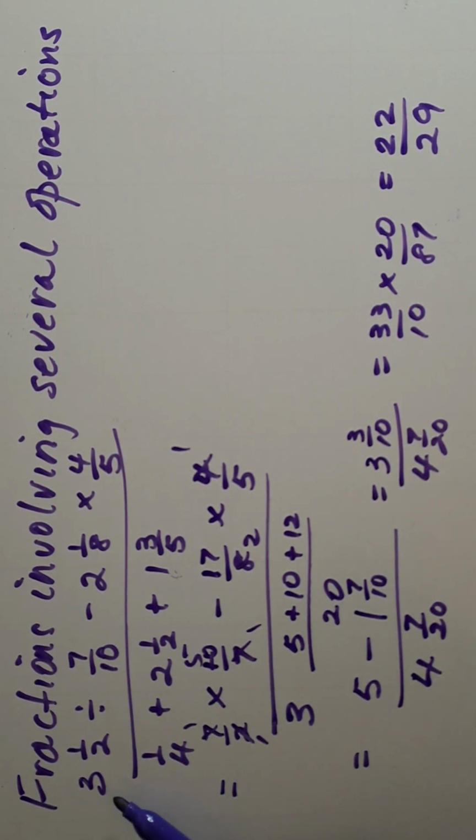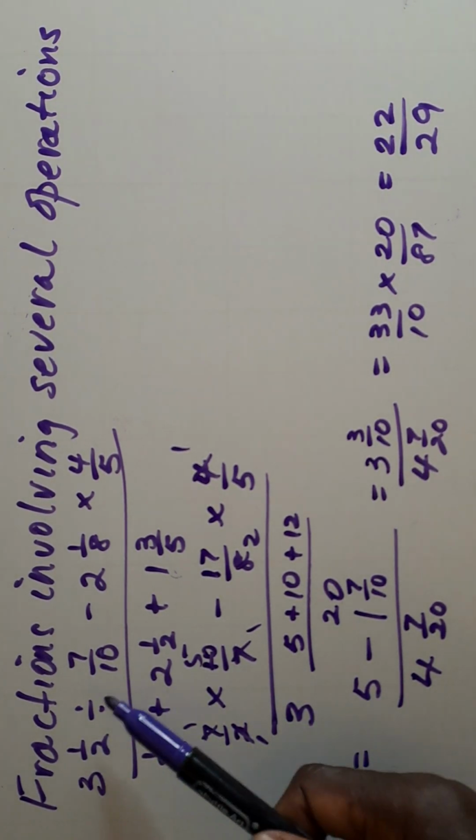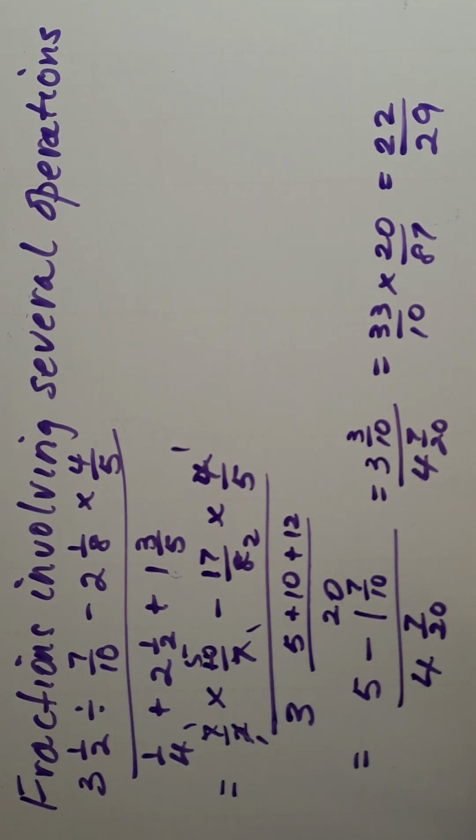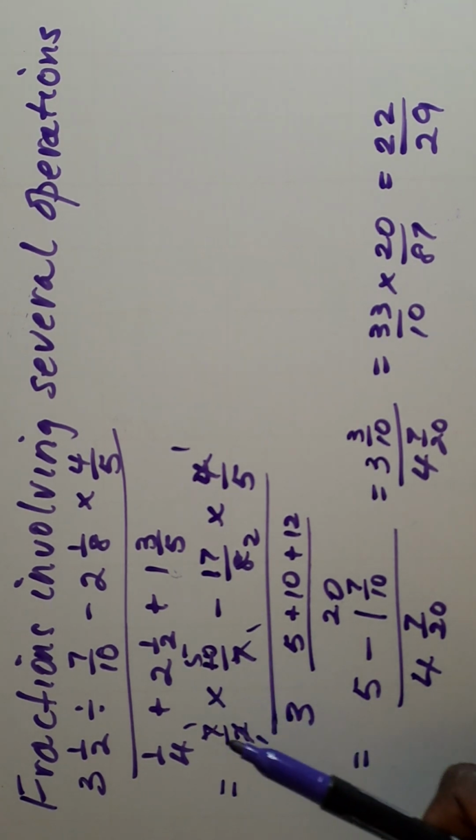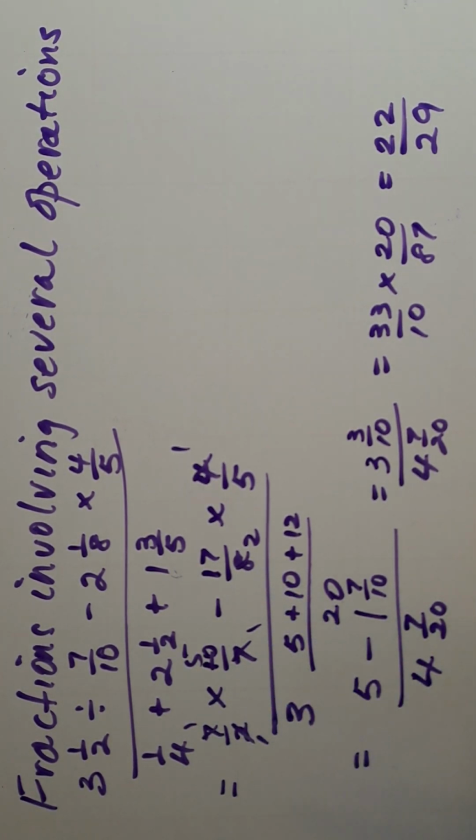For instance, changing this to an improper fraction, and then writing out the division, or turning it into a multiplication by just upturning this fraction from 7 over 10 to 10 over 7, doing the cancellation, and then maintaining everything all together. Our final result, 22 over 29.